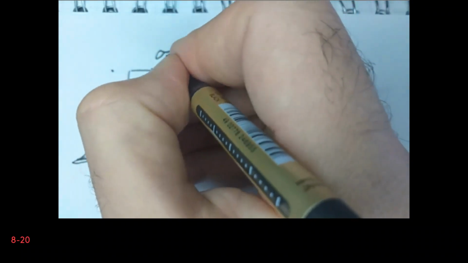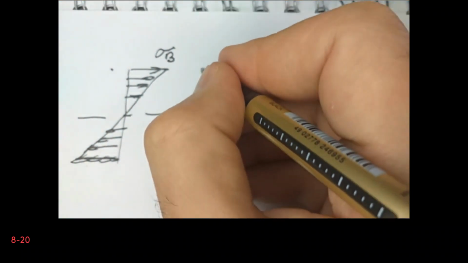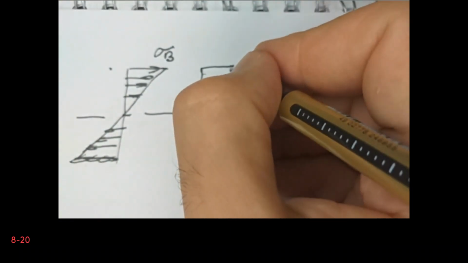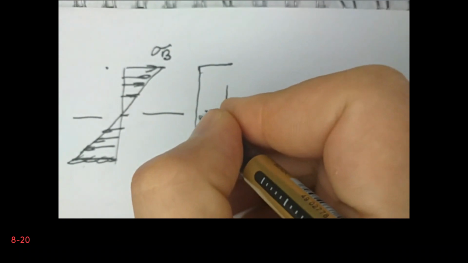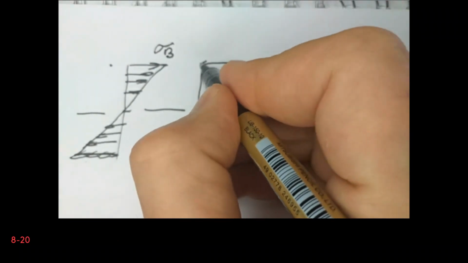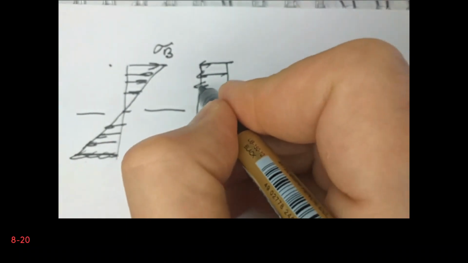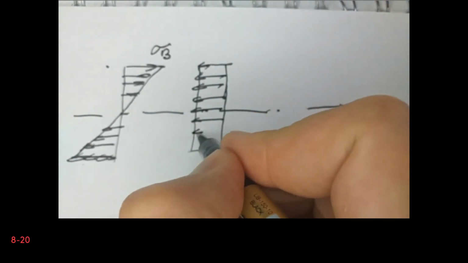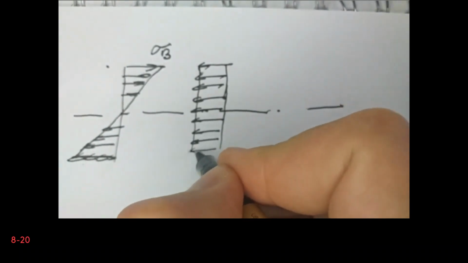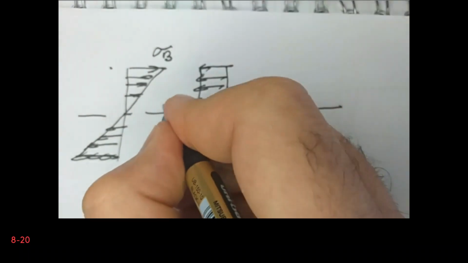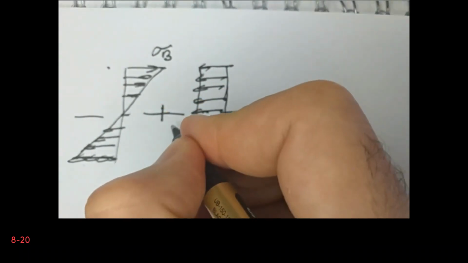And then we have a compressive stress due to the axial loading, and the resultant stress is the sum of the two stresses.